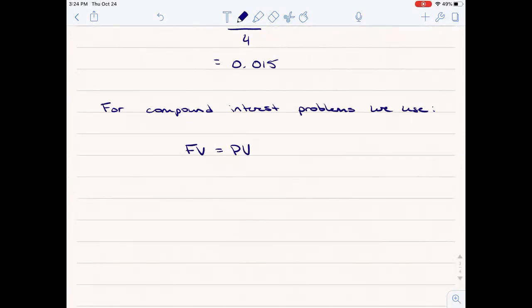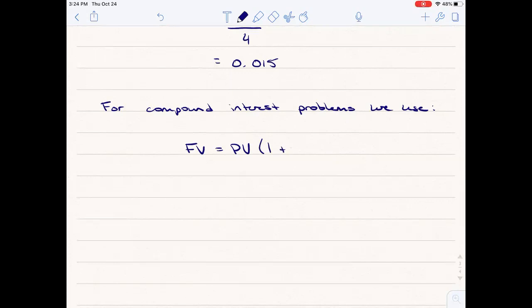If you have a look at your formula sheet, for simple interest we use P, but for compound interest we use PV. I talked to Stephen, and it has something to do with principal amounts, you can't just stop at any point. Anyways, I said, yeah, sure, okay, whatever. We use PV for compound interest, but they mean the same thing. It's the original amount, or the backtracked amount, if you will, times 1 plus I to the power of n.